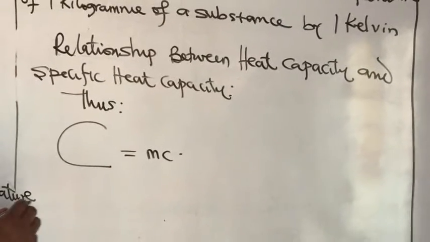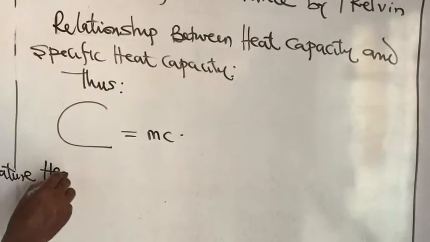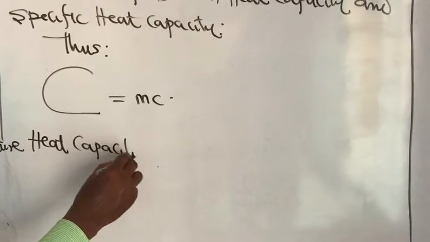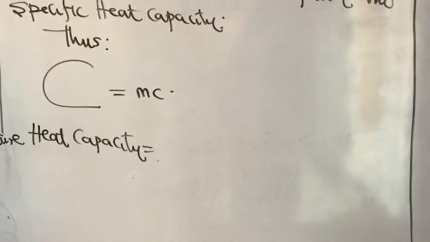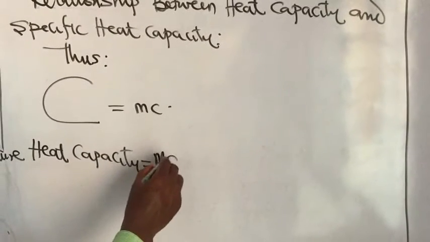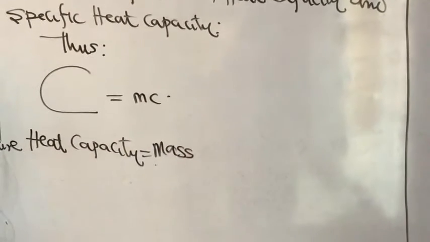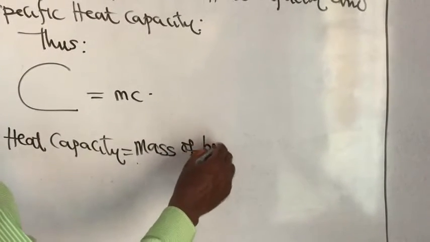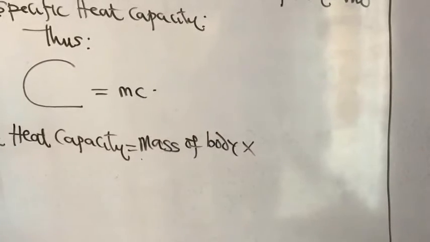This means that heat capacity is equal to the mass of a body times specific heat capacity.